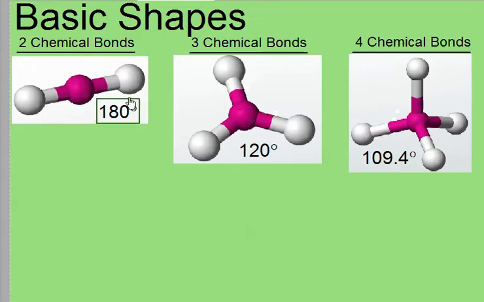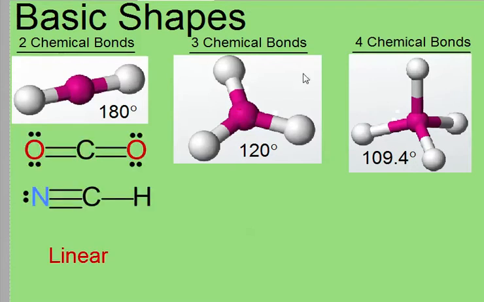Now, when we get chemical bonds in these three contortions, with the two chemical bonds at 180 degrees, we've already seen molecules like this in the chapter notes. Molecules like carbon dioxide and hydrogen cyanide. Double bonds and triple bonds are treated like one entity.